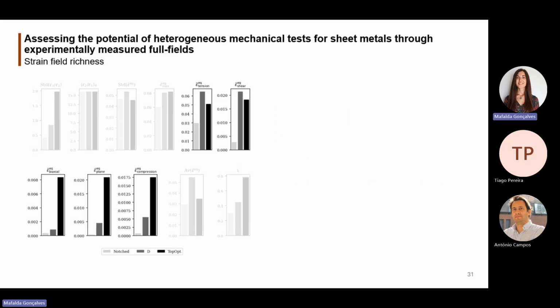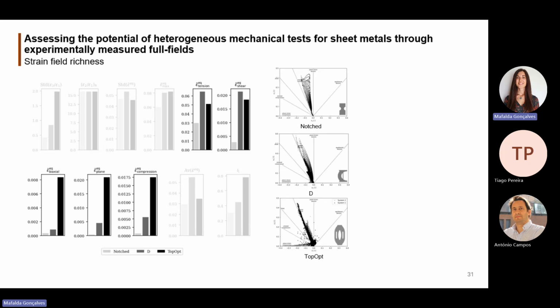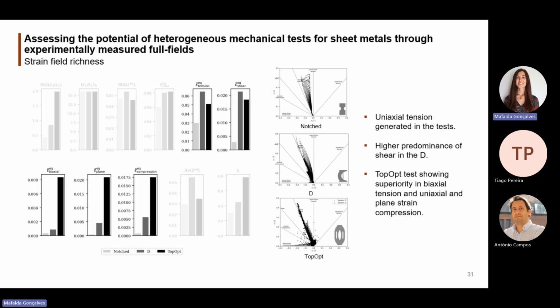Regarding the heterogeneity of strain states, analyzing the principal strain diagrams, we can see that all of the tests present data in uniaxial tension, but the D presents higher predominance in shear, while the topopt test presents superiority in biaxial tension and uniaxial and plane strain compression.